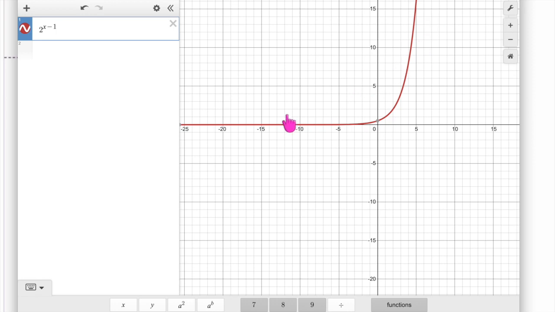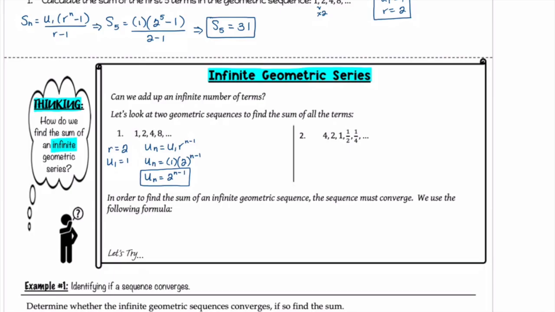So as my sequence increases in value, so does the sum. The sum is going to keep increasing, which means that the sum as we head to infinity will also head to infinity. What this means is that the function diverges. That means that it never reaches a specific value.